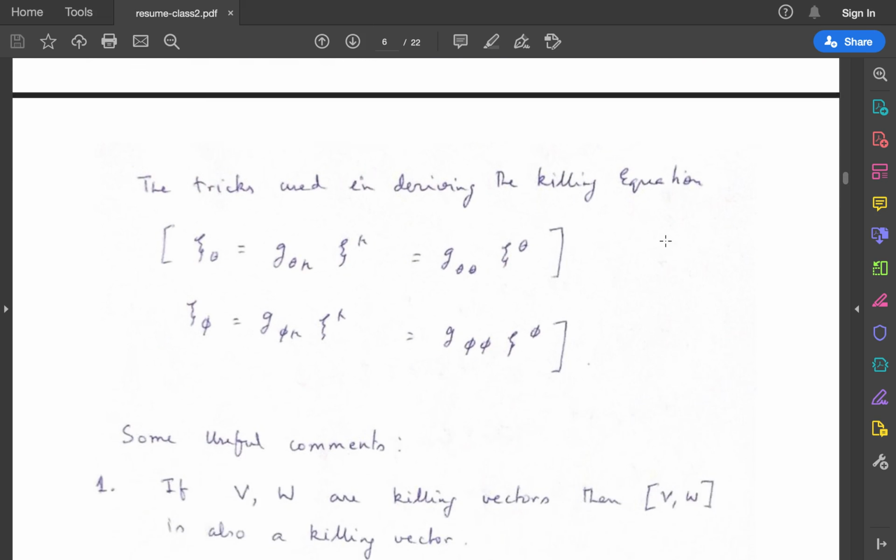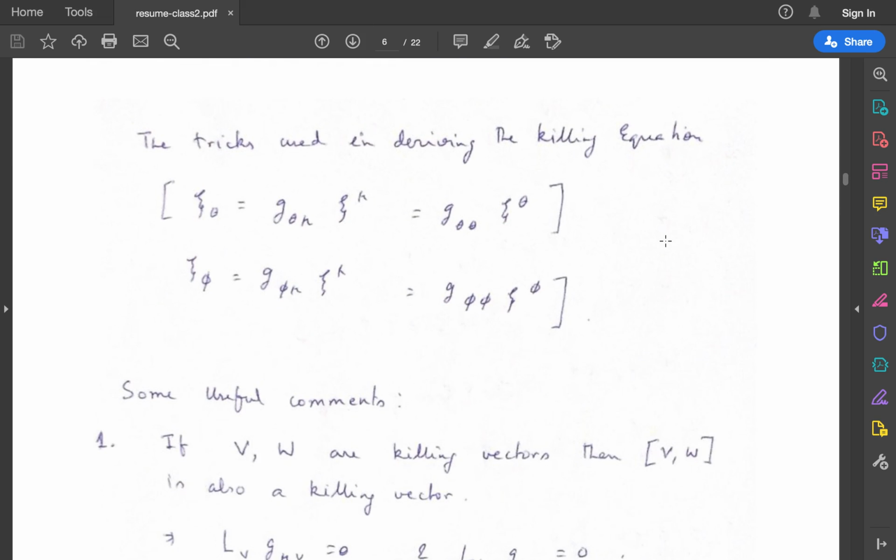So this is the way of finding Killing vectors. Killing vectors are very helpful in obtaining the symmetry of a metric, and they help us in reducing our problem, or in observing our problem and seeing what the symmetries of the metric we are looking for are, how symmetric our metric is, given by the Killing vectors and the Killing equations.